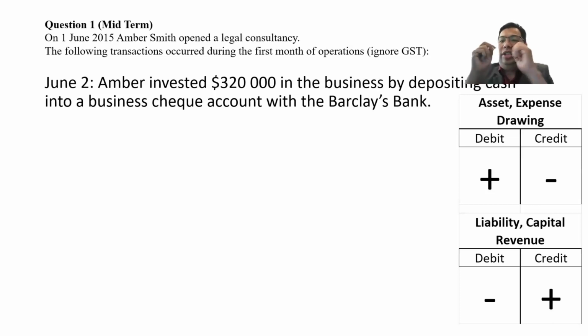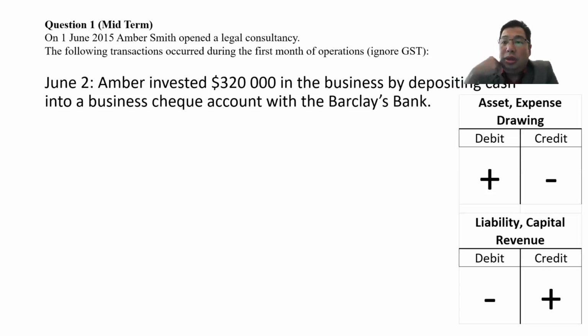So what is this transaction all about? This transaction tells us that Amber, the owner of the legal firm, gave her money to the business by depositing that money into the business account.